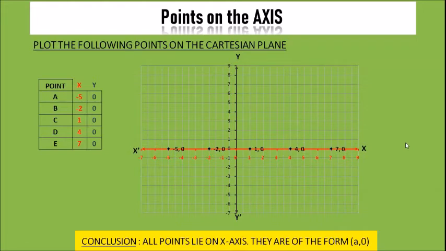What is common that we see in all these points is that they all lie on x-axis. And interestingly, we see that the ordinate is 0 for all of them. Implies all the points that lie on x-axis are of the form a comma 0, where a could be any real number and of course the ordinate is 0.